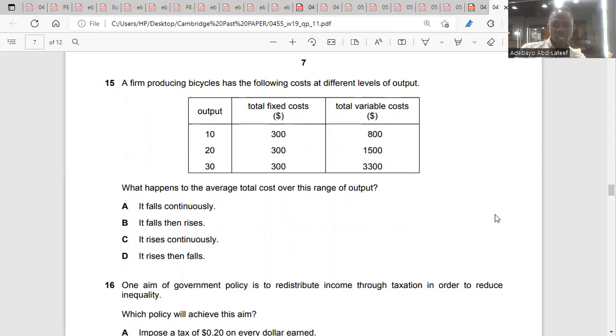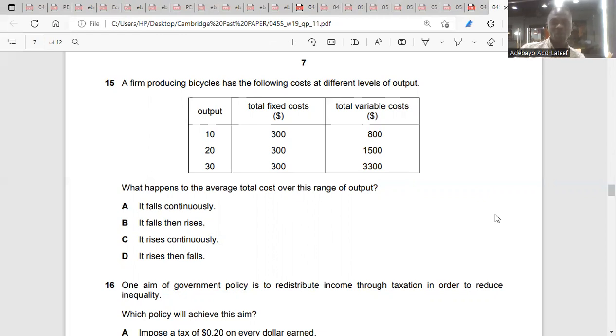At 20, it's 300. They are all 300 in the fixed. Well, so for total variable cost. What happens to the average total cost?